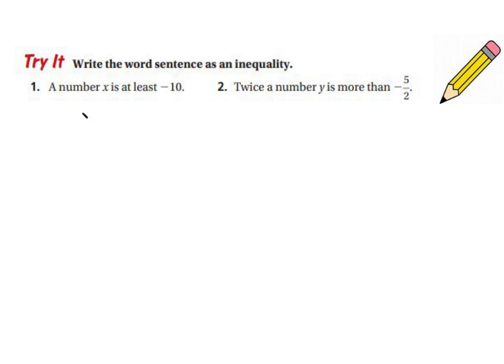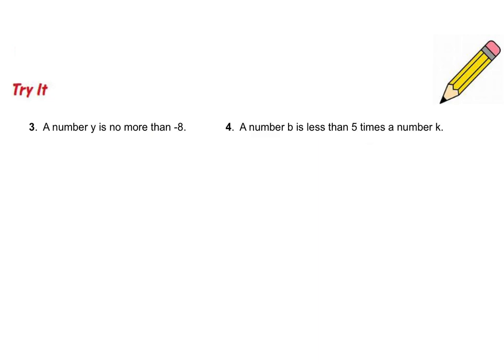A number X is at least, so that's greater than or equal to, negative 10. Twice a number Y, so that's 2Y, or 2 times Y, is more than, so that's greater than, negative 5 halves. Here's 2 more for you to try on your own.